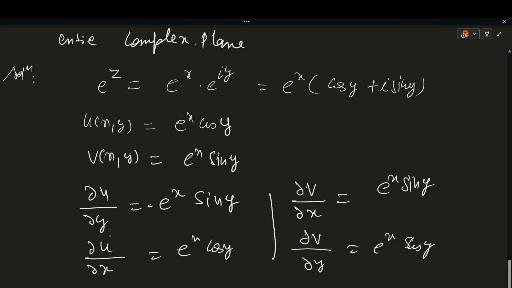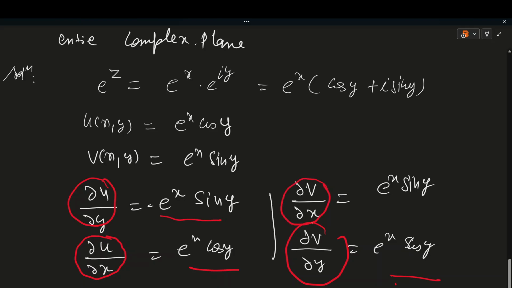So you can see that the Cauchy-Riemann equations are satisfied: del u del x equals del v del y, and del u del y equals minus del v by del x. The first partial derivatives of u and v should be continuous, and they are continuous also.